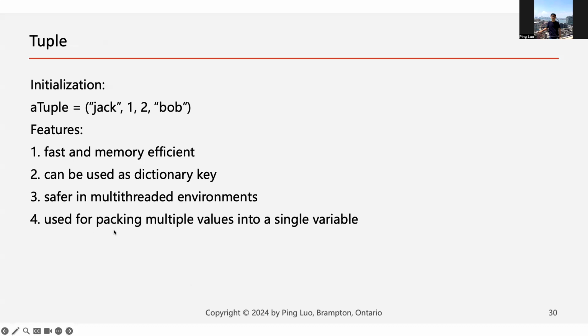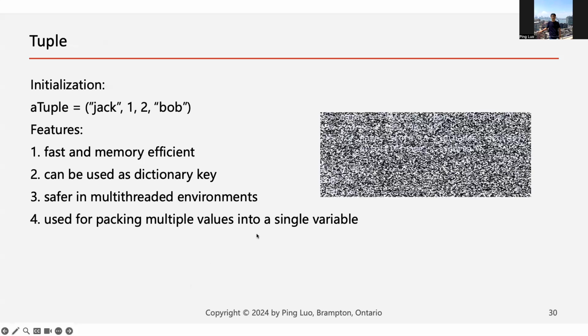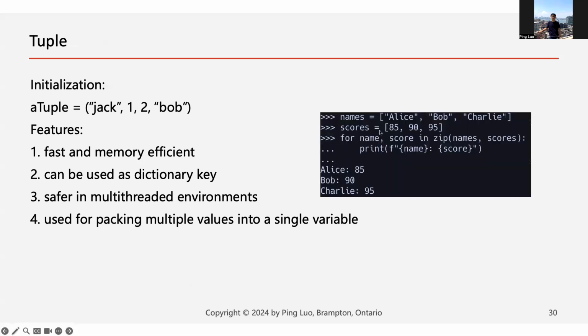And also a very commonly used way, especially in some deep learning projects, is that we can pack multiple values into a tuple and make them into a single variable. For example, I have some names of people and their scores. I can use for name, score in zip.